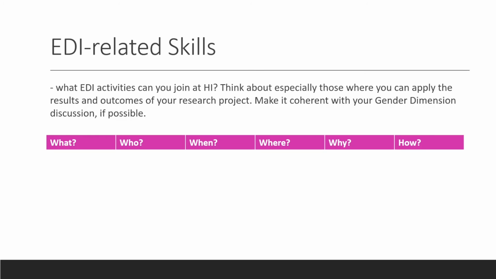For this training, you can think about research partnerships and collaborations, outreach and community engagement, creating mentoring and support programs, participating in policy and advocacy initiatives, and partaking in and leading training and workshops related to EDI. For each of those identified, fill in the table.